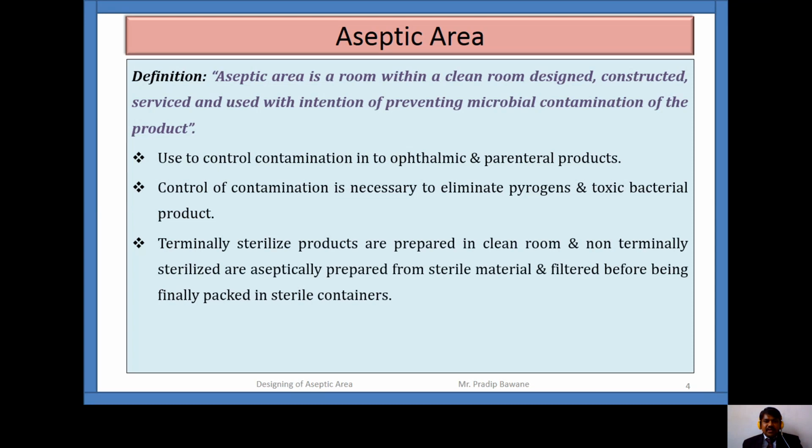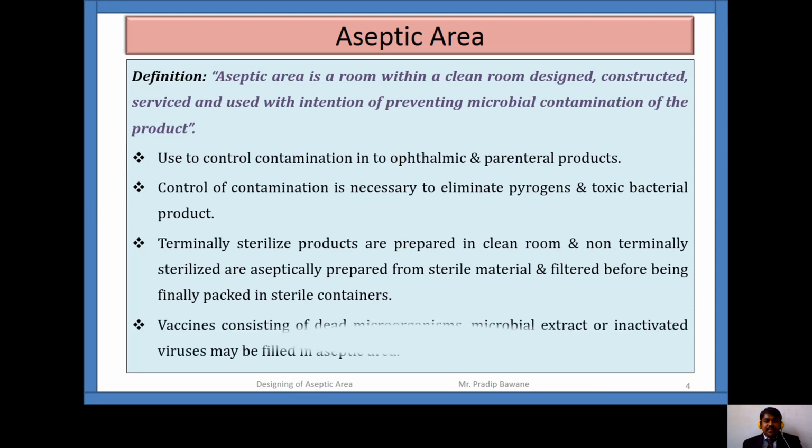Terminally sterile products, those which are generally sealed in the container and finally sterilized, are prepared in the clean room. Non-terminally sterilized products are aseptically prepared from sterile material and filtered before being finally packed in a sterile container. So for manufacturing of such products, we need to use aseptic area.